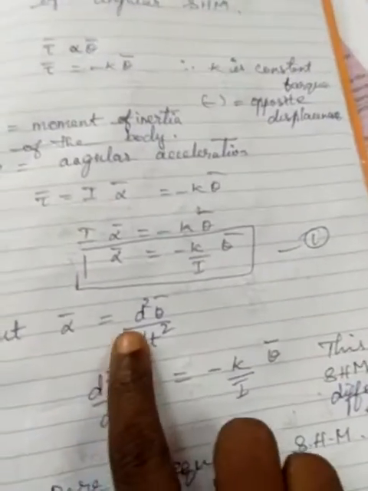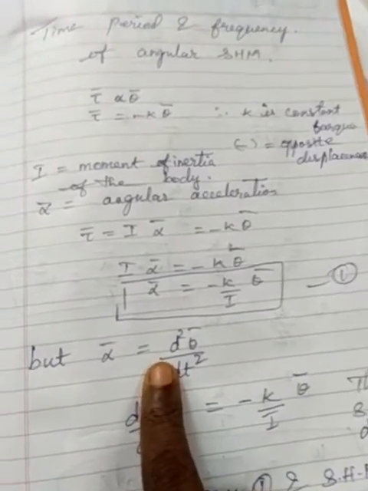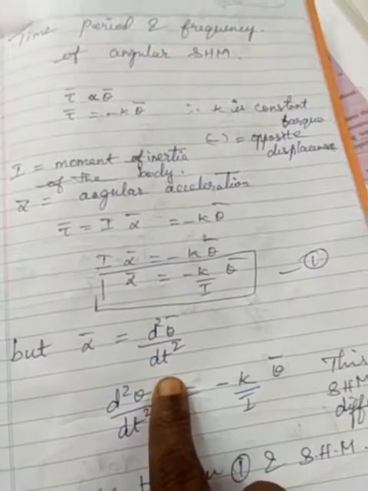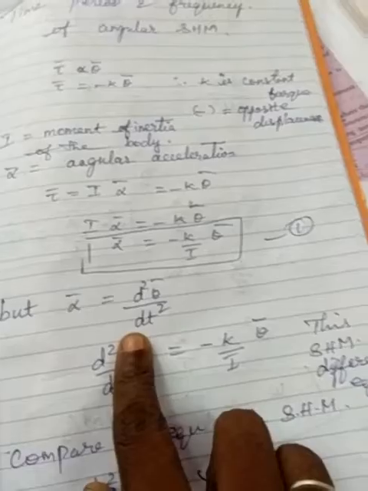Next you see that we take alpha vector in differential form, d square theta by dt square, that is d square theta divided by dt square.